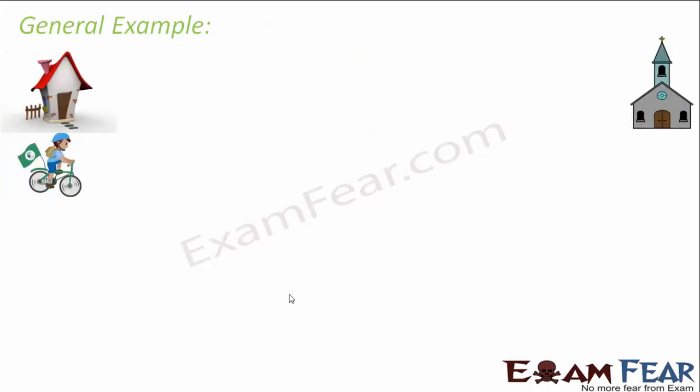So in this example again, we see that we have the same small boy standing near his home, and he wants to go to the church. So in this case, let us suppose the distance between the home and the church is 10 kilometers, and the time which the boy takes to reach from his home to church is 1 hour.